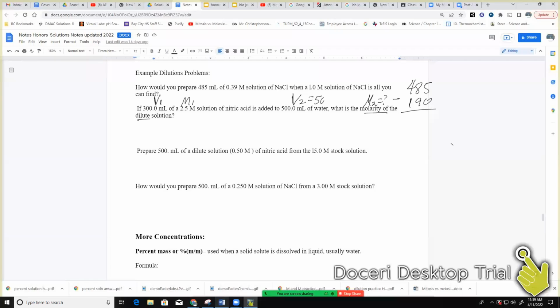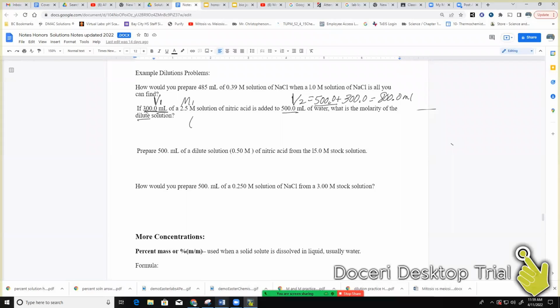It is 500 milliliters of water plus 300. That's right, because we said that V2 is going to be the very final. So we're using 500 mLs of water, but we added that to our 300 mLs of stock. So your V2 is 800 mLs. Once again, easy formula, just sometimes that little thing can make it a little tricky.